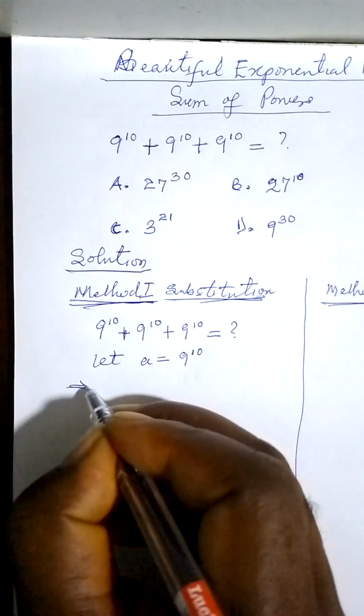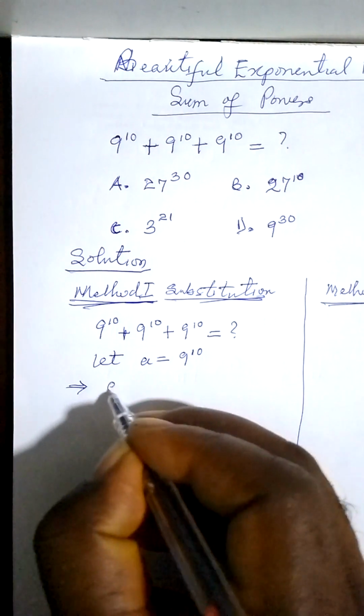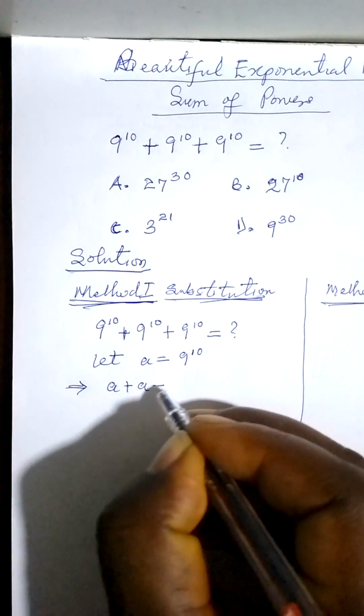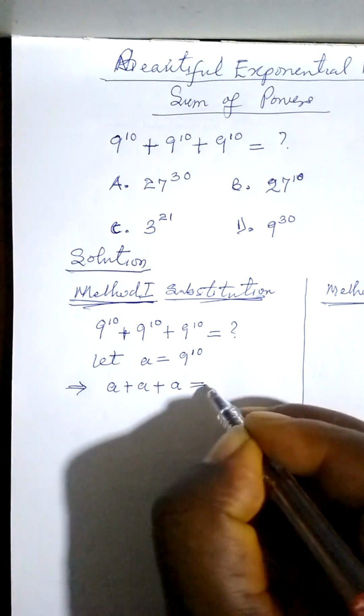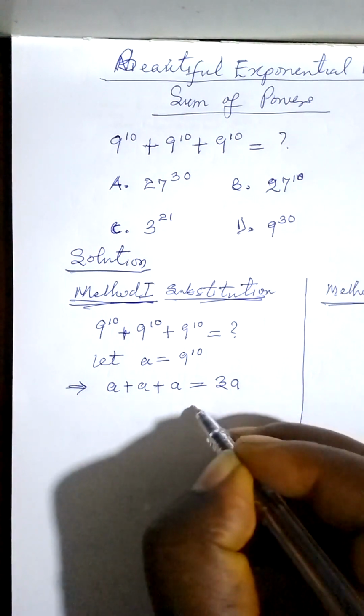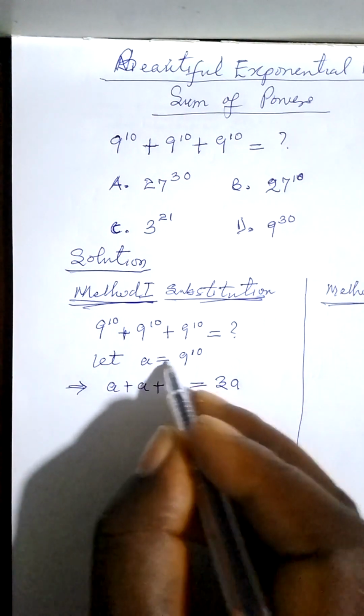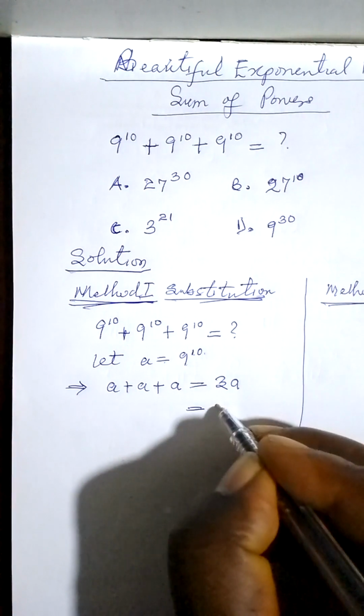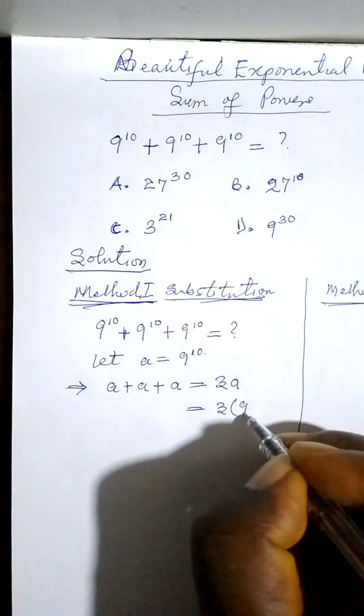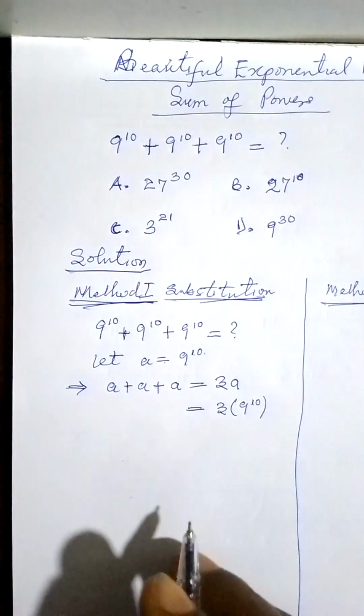So if that's the case, the problem will become a plus a plus a, which will give us 3a. And don't forget, we have said that a should represent 9 to the power of 10. So we have 3 multiplied by 9 to the power of 10.